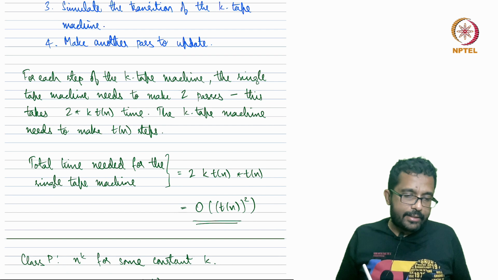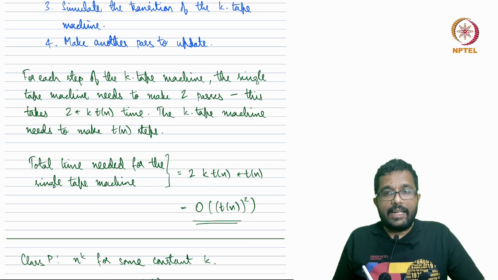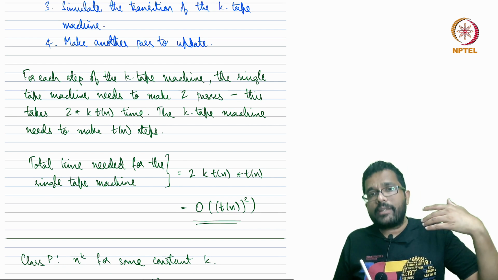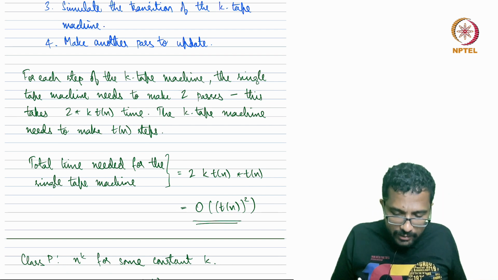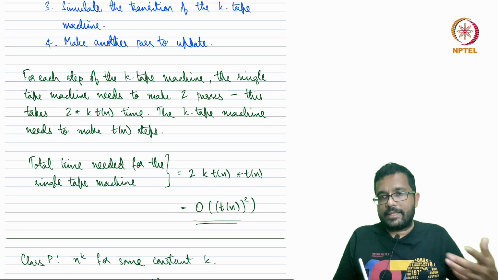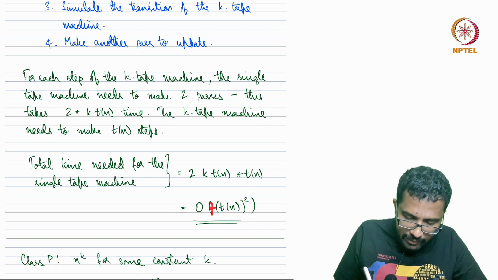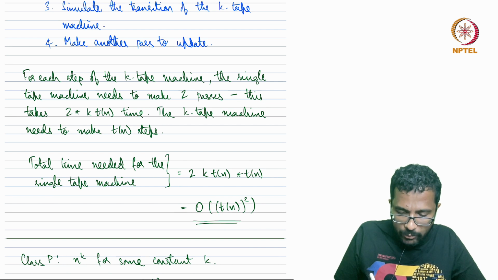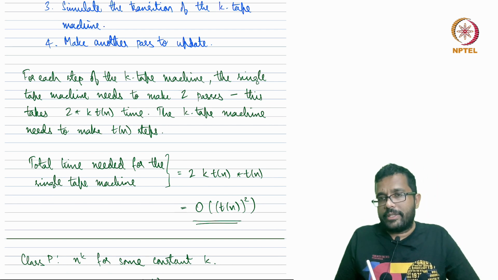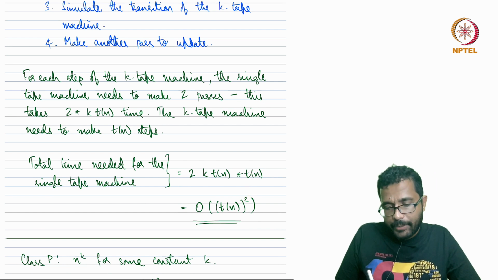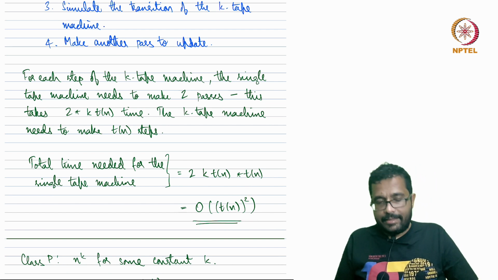It's not like if the multi-tape Turing machine has k tapes, it is T(n) to the power k, for instance. No matter how many tapes it takes, this is still squared. This is not a bigger exponent. Of course, k features here as a constant in the O notation, but that is absorbed by the O notation. If it featured in the exponent, it would have been worse.